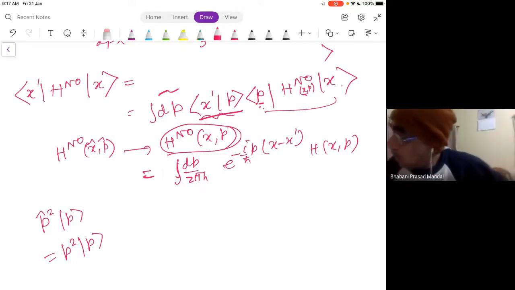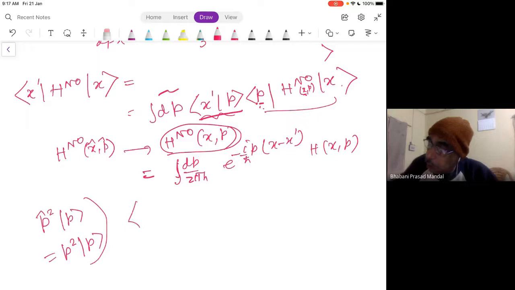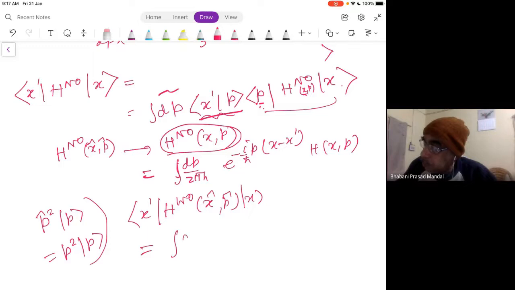We feel that it is better because it keeps all the options, and the same calculation if we do in the Weyl ordering, it will be H Weyl ordering of the x, p operators, and this expression will be integral dp over 2 pi h-bar.